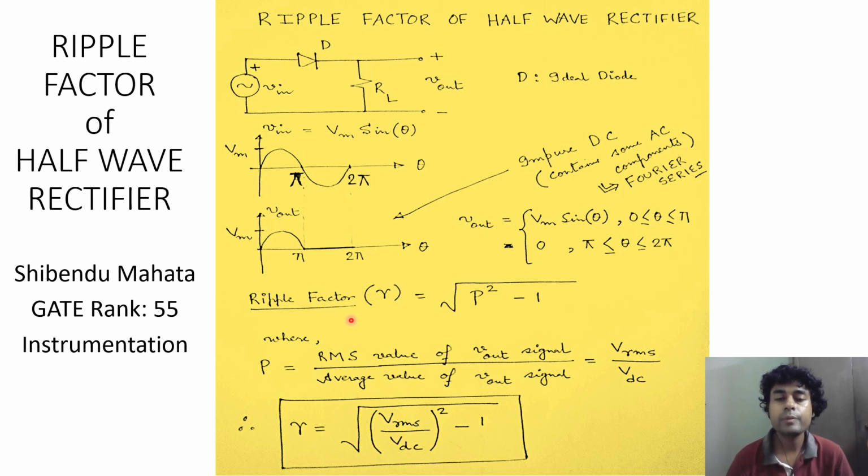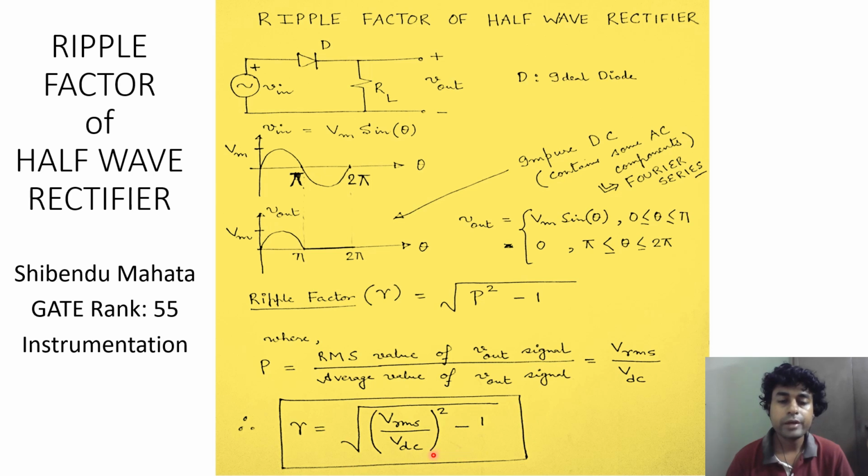Ideally, we want the ripple factor to be equal to 0 for a pure DC signal. Unfortunately, it is not the case, and that is what we will look at in this lecture. So the definition for ripple factor in terms of its formula is given by the square root of (Vrms by Vdc) whole square minus 1.